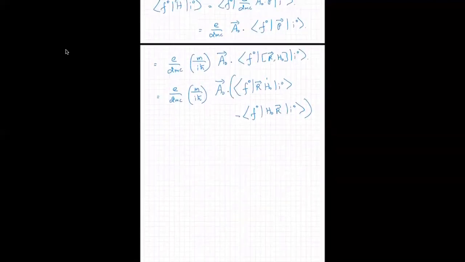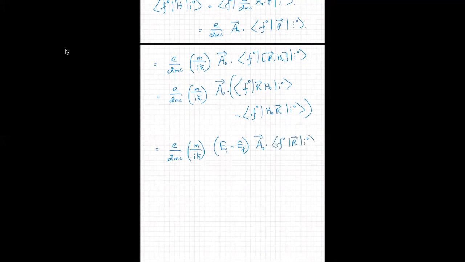In the first one, it acts on I0 to give me the energy of the initial state. In the second case, H0 acts on the left and gives me the energy of the final state. So this is e over 2mc, m over i h bar; in the first case it gives me E_I, the second case it gives me E_F, and what is remaining is A0 dot F0 r I0. I hope that was clear.